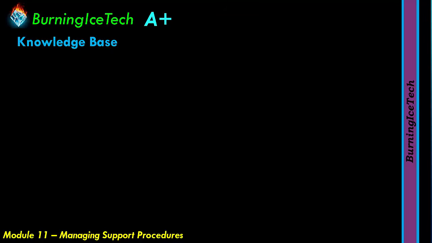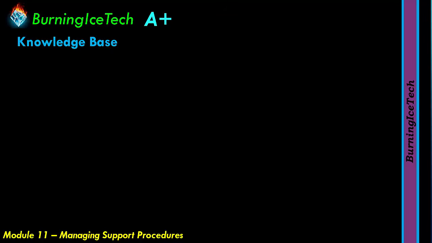They literally just call it a KB sometimes, which is just the abbreviation for knowledge base. It might be on their website, it might be built in somewhere, it might be in an actual physical manual, who knows. This knowledge base normally contains a whole bunch of stuff to help the user help themselves. Teach a man to fish and they can fish for a lifetime. So help the user help themselves, and if they still don't manage, then we can go to tier 1 and we can go to the system.